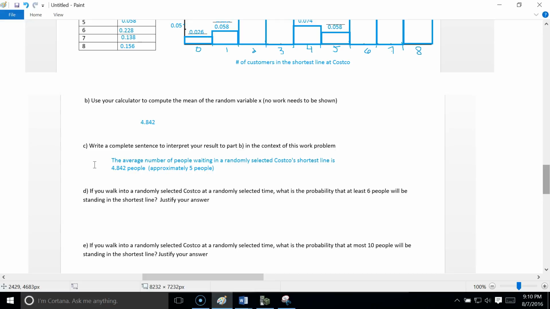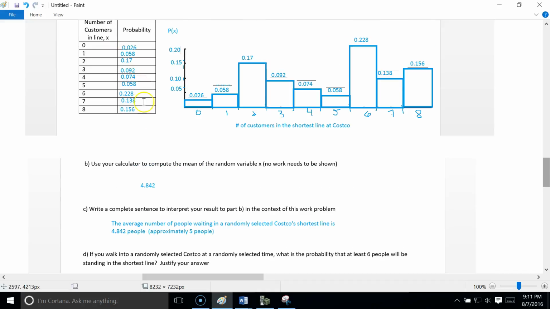Part D. If you walk into a randomly selected Costco at a randomly selected time, what is the probability that at least 6 people will be standing in the shortest line? The probability that at least 6 people are standing in the shortest line is equal to the probability that there are 6 or 7 or 8 according to our distribution table.